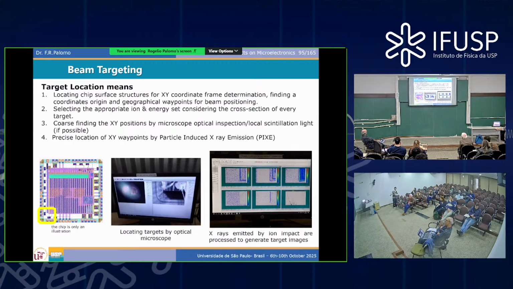So to establish a reference mark, it's very simple to shoot ions at the corners and look at the X-ray emission, particle-induced X-ray emission, because basically you are looking at X-rays using the facility's detectors. Here is the corner, there is the corner. From there, you can go step by step. Remember, we are working at the micrometer scale. You can go step by step following the X-rays you are interested in, because locating targets with an optical microscope is not very helpful. It's helpful on the corner. After that, you need to go to PIXE.